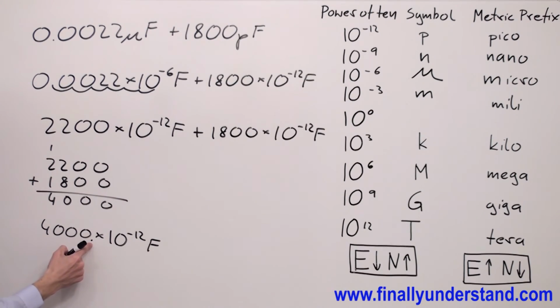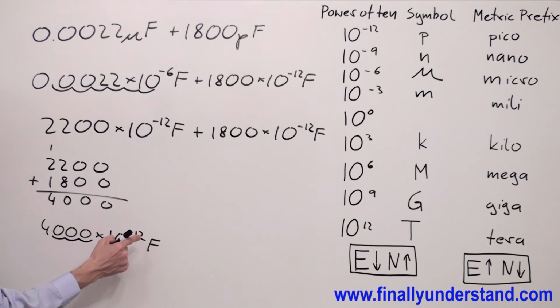It's my decimal point. The number on the left side of the decimal point has to be between 1 and 999. Right now I have 4,000. This is more than 999. So what I'm supposed to do? I have to make this number smaller. I have to move my decimal point 3 times to the left. Why 3 times? Because I'm supposed to make sure that my exponent is going to be multiple of 3. 12 is multiple of 3, but the number is too big.